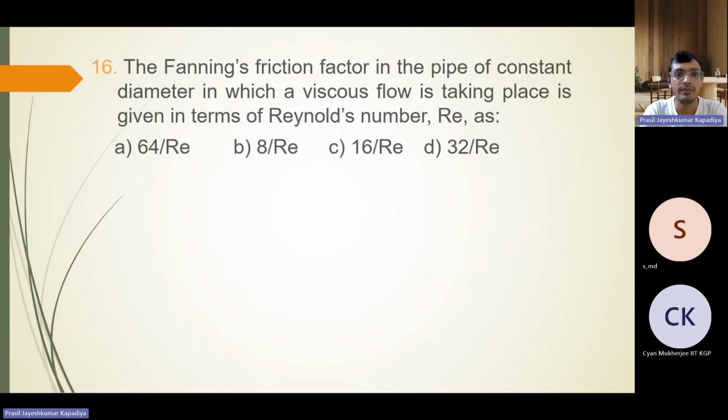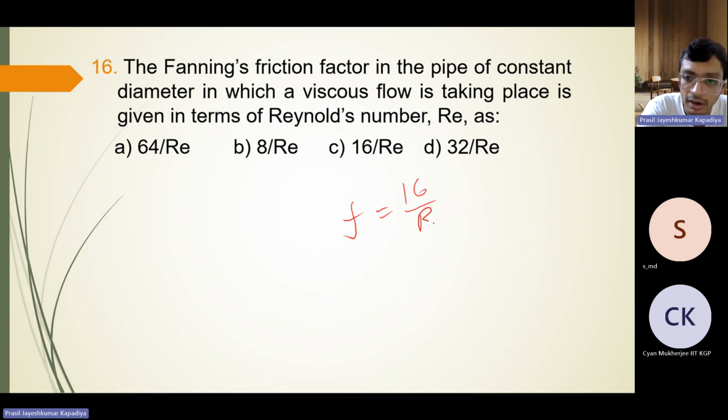Okay. Let's move ahead. The Fanning friction factor in a pipe of constant diameter in which viscous flow is taking place is given in terms of Reynolds number as? So it is asked in Fanning friction factor. So f is nothing but 16 by Re.